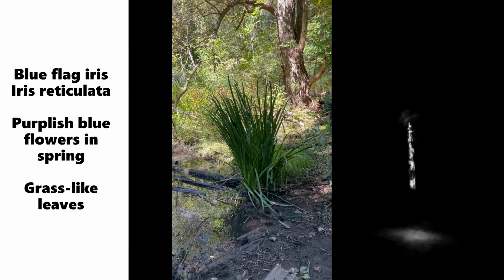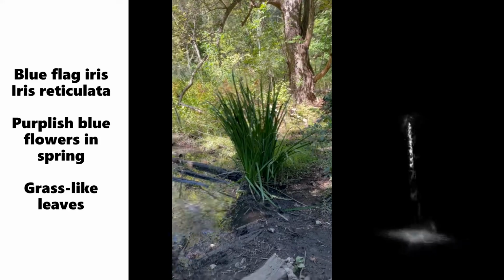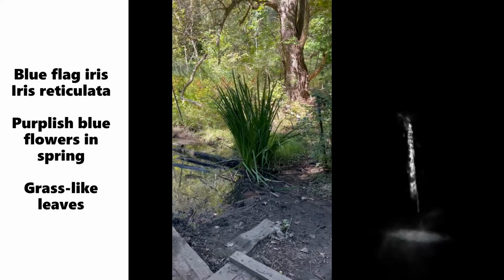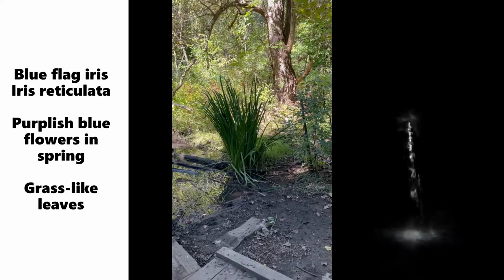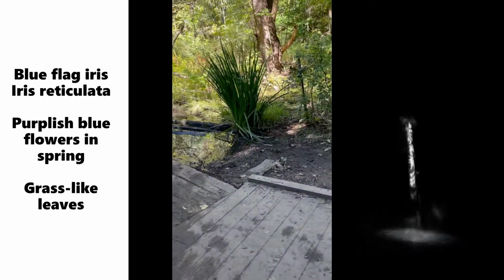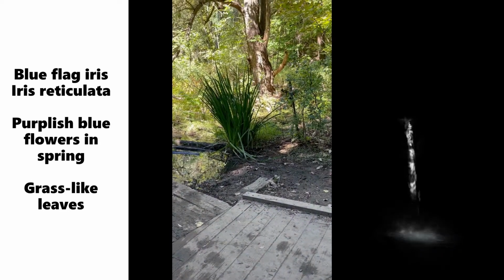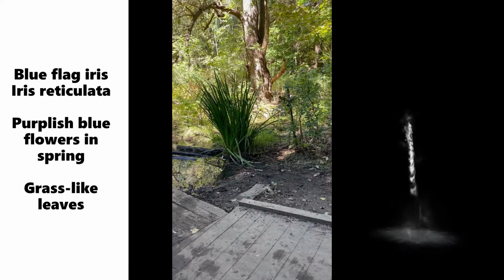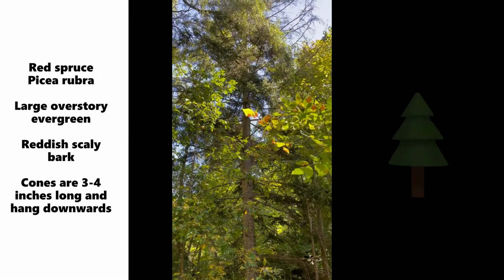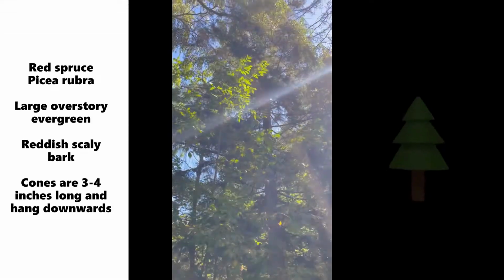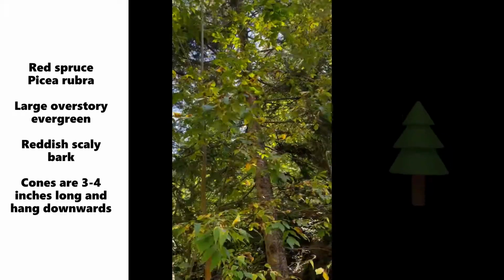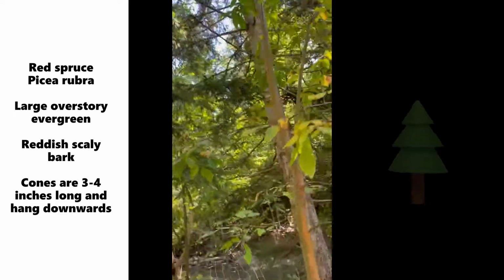And here we are arriving at the silent stillness of a bog or a marsh habitat, greeted by a blue flag iris, Iris versicolor, which is a native plant as well. As well, in the overstory, we have this gorgeous red spruce, Picea rubra.